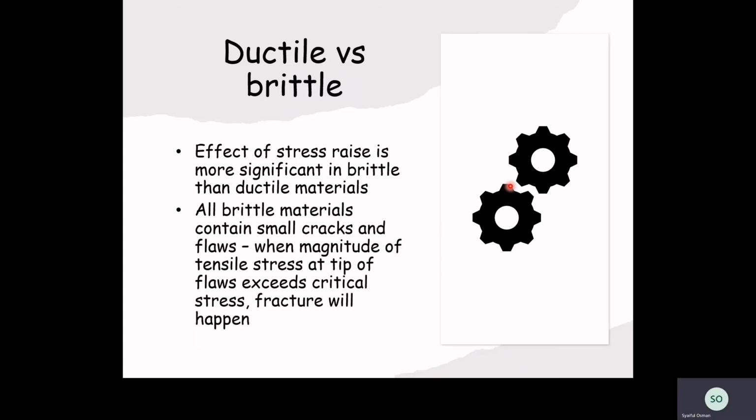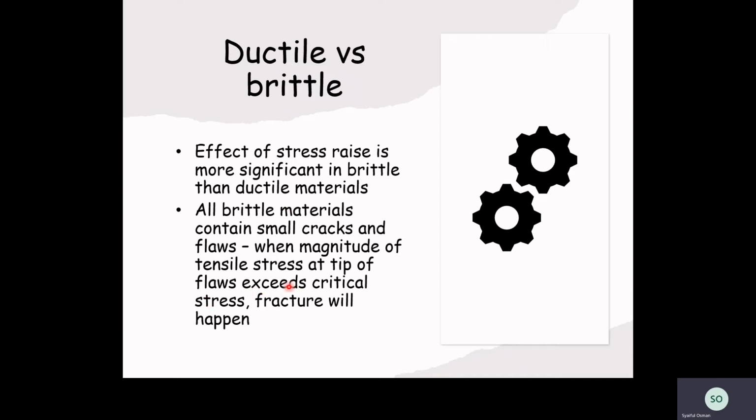And all brittle materials contain a population of small cracks and flaws that have a variety of sizes, geometries, and orientations. So when the magnitude of tensile stress at the tip of one of these flaws exceeds the value of critical stress, then a crack will form and propagate.